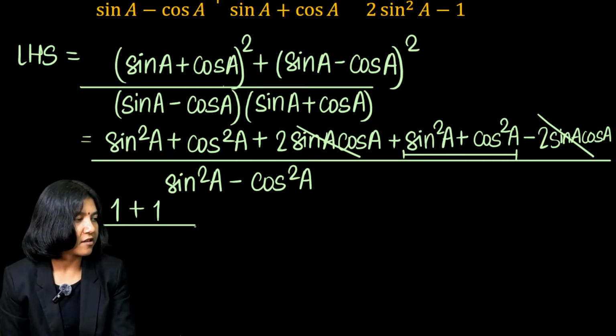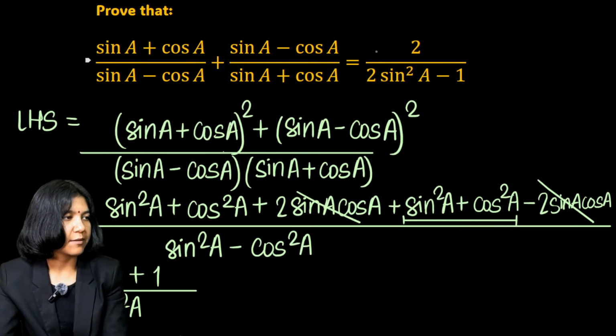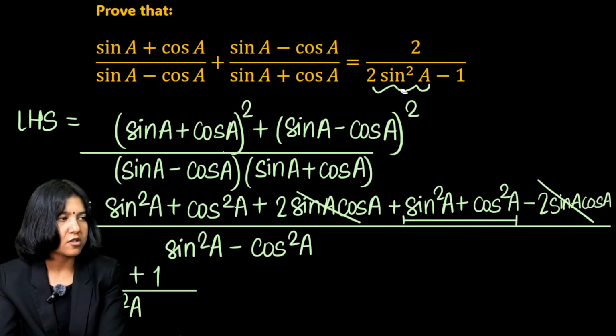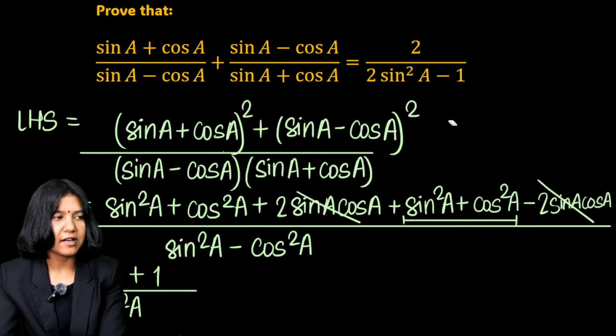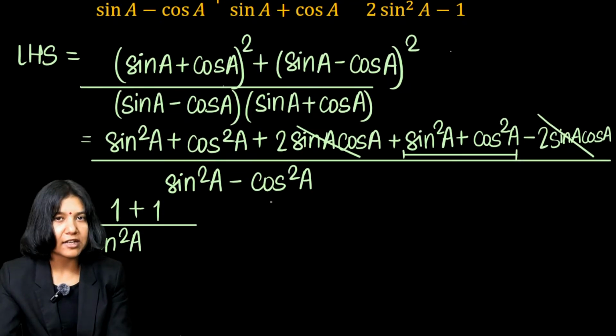And now at the bottom, sine squared A, I write it as it is, because in the question they have kept that sine squared A, that is what I want to prove in terms of. So I don't want that cos term because there is no cos at the bottom. So instead of cos squared A, what can I write?